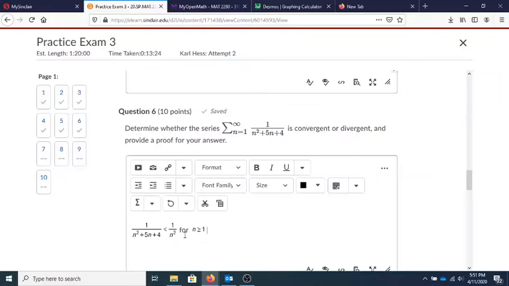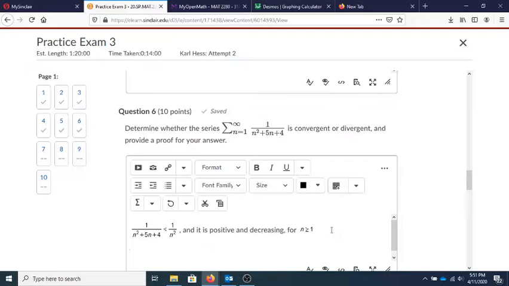Well, the other conditions are that it's positive and decreasing. It's clearly positive, and it's clearly decreasing because all the signs are positive. So I don't really need to prove any of that per se, but I do need to state it. So let's slip that in there. We'll say comma, and it is positive and decreasing for n greater than or equal to 1.